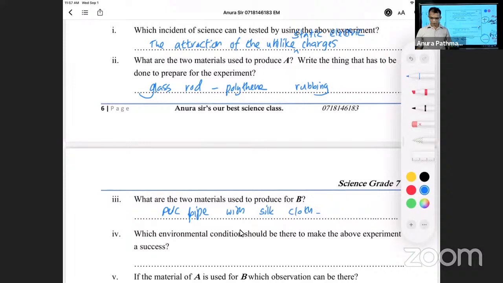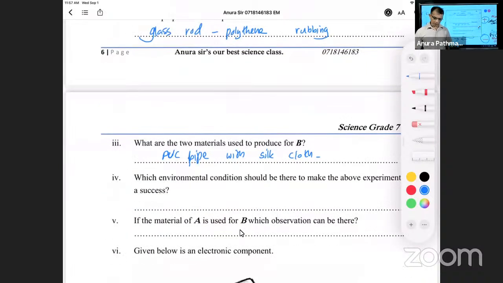Which environmental condition should be there to make the above experiment a success? Dry. Dry condition, because if it is not dry, the water molecule droplets would discharge and neutralize these charges.